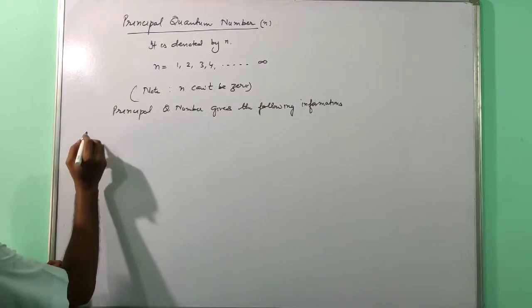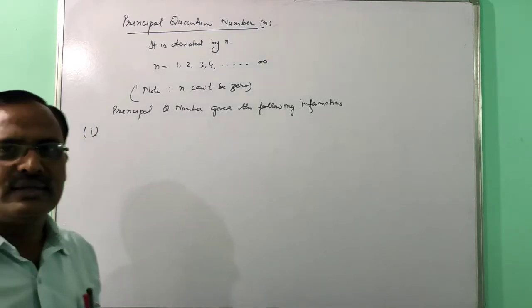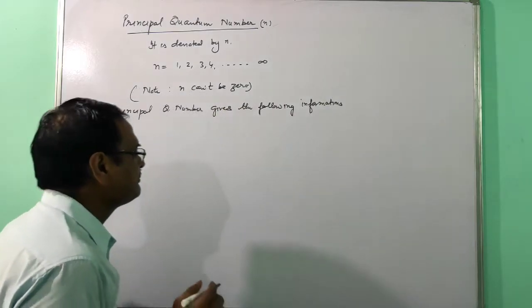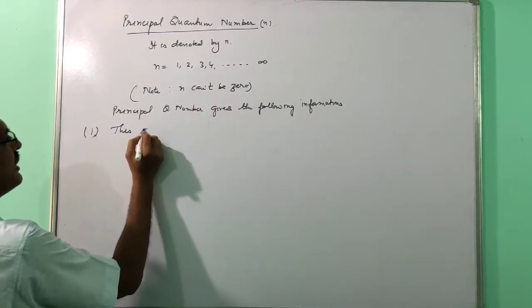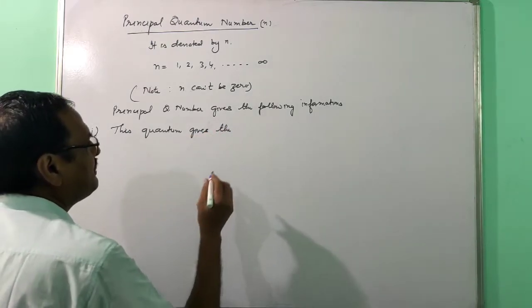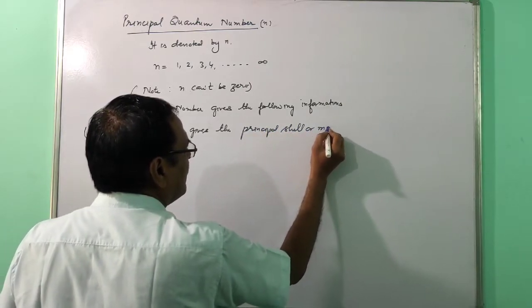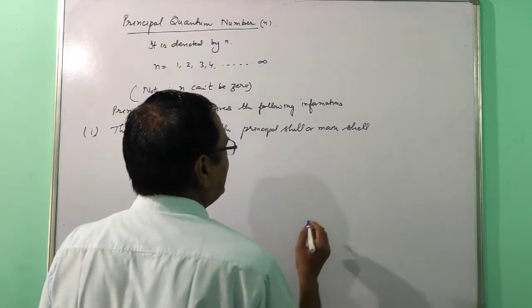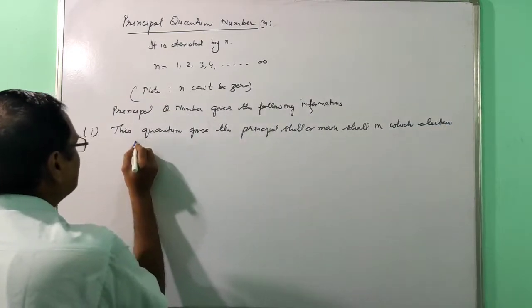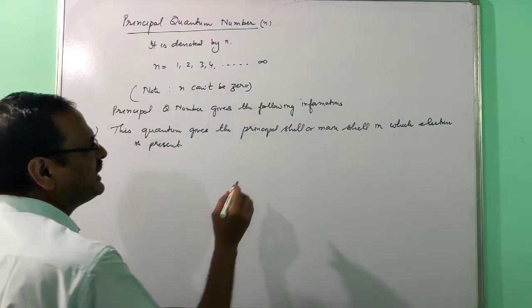First of all, this quantum number gives the principal shell or main shell in which the electron is present. It is very simple. It will give the main shell.